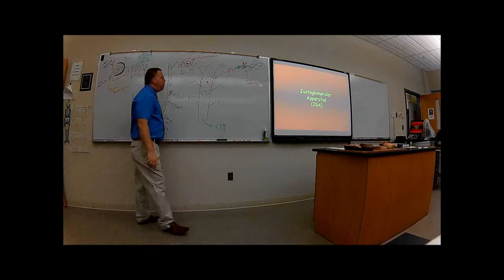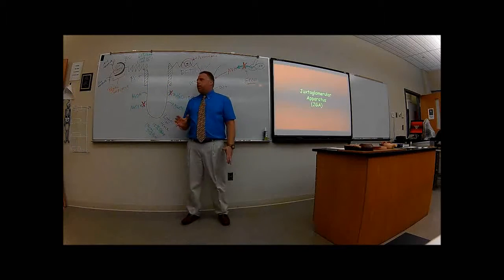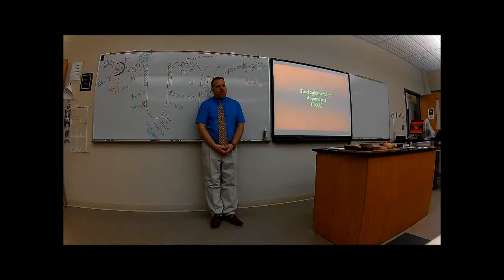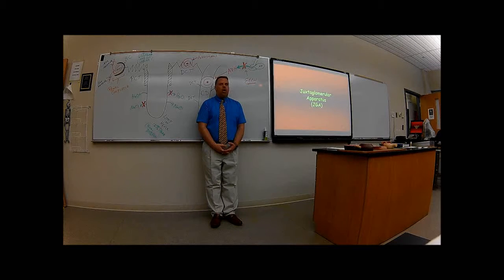And what this is going to be dealing with, remember how we talked about earlier, that the DCT has to fine-tune things. It has to put things back into the bloodstream, but how does it know how much to put back or how much to take away? The only way it can do that is that it somehow needs to communicate and understand what the contents are of the blood vessels.